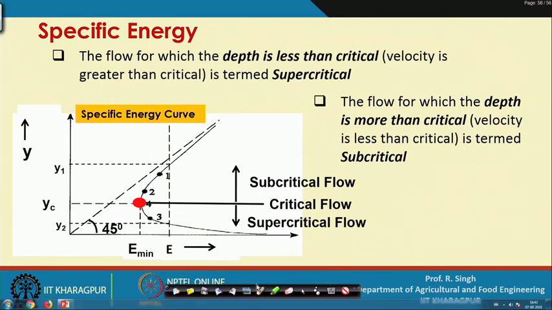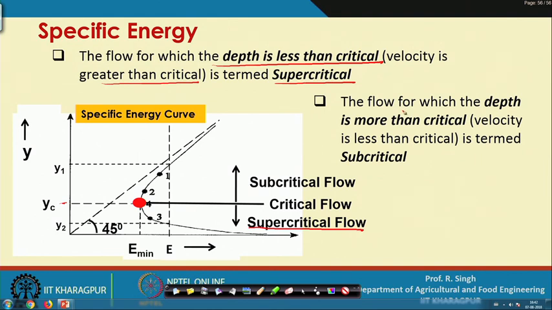And the flow for which the depth is less than critical, that is, velocity is greater than critical, is termed supercritical. So, this is the critical depth, and below this the depth will be less than critical depth, and that means velocity will be greater than critical velocity, and that is why the flow is referred to as supercritical flow.